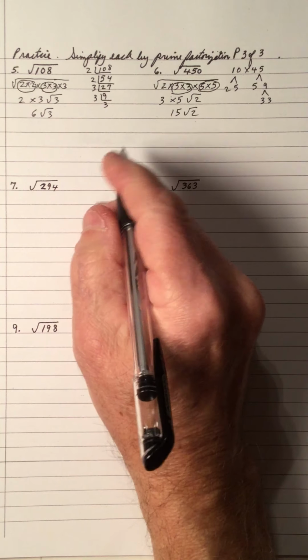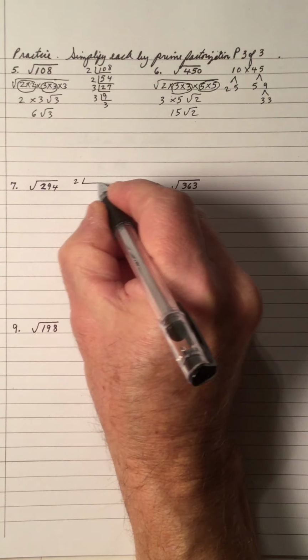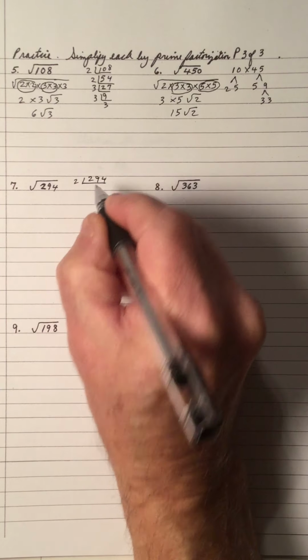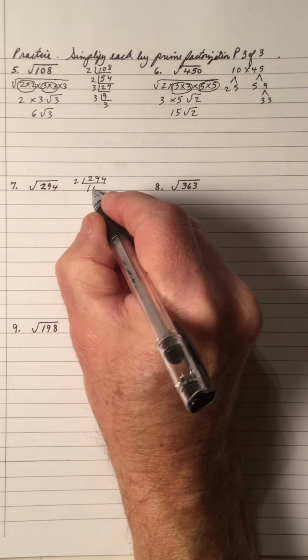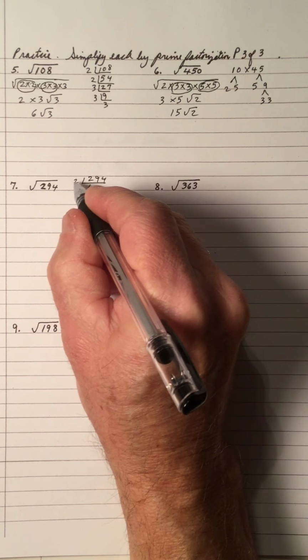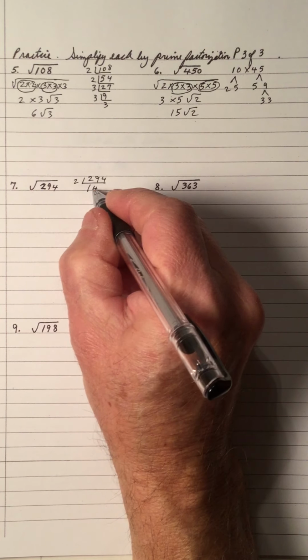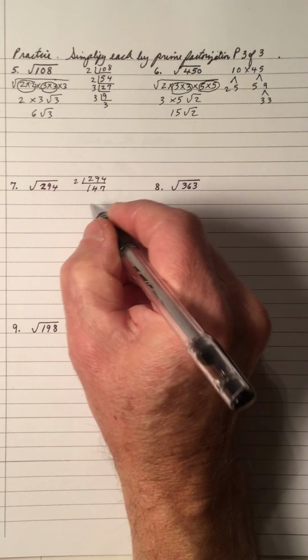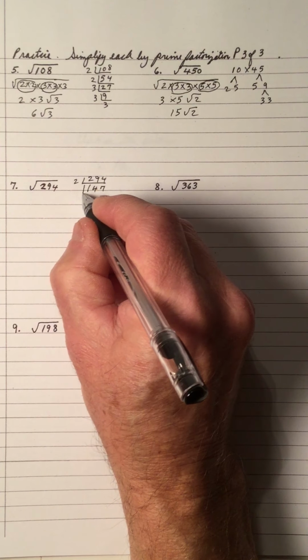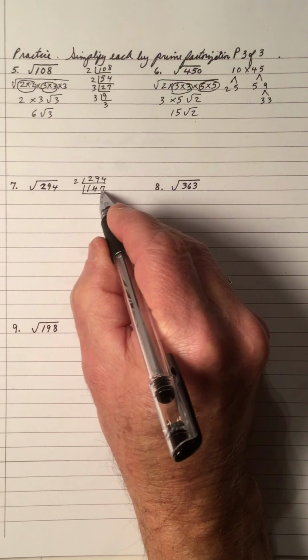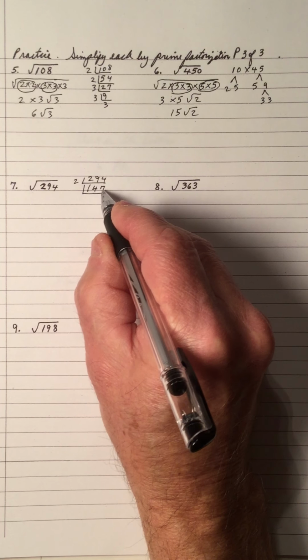And it's even, so let's divide by 2, 294. 2 into 2 goes once, 2 into 9 goes 4 times, 1 left over, 2 into 14 goes 7. And 147, not even, so let's add up the digits. 12.